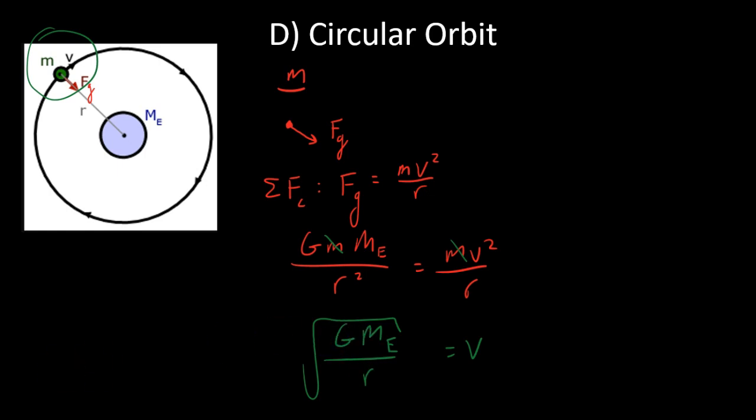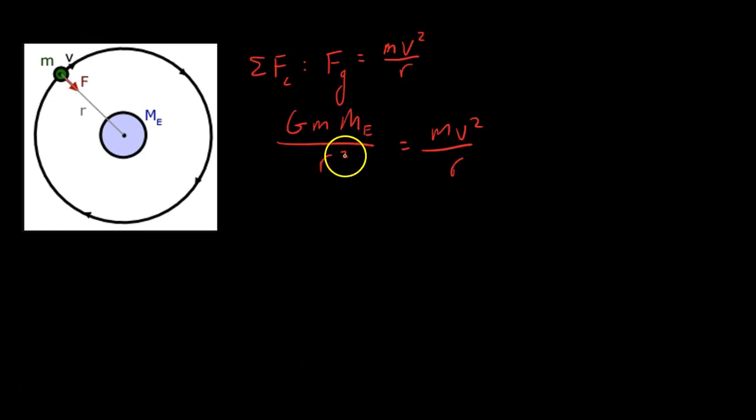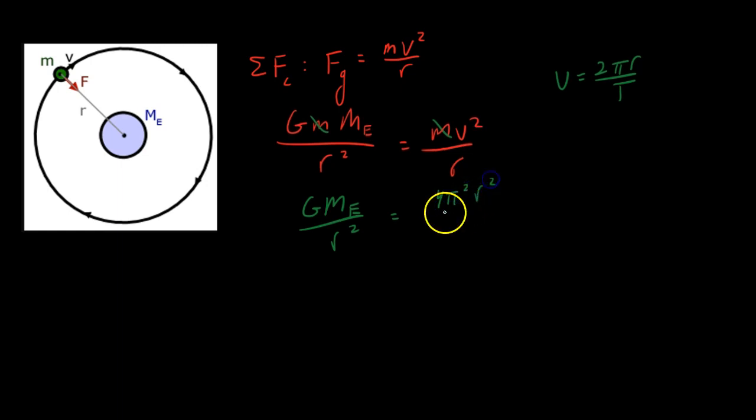The other thing to notice on this slide right here, I've reset, I have my equation right here. Of course, we said the masses cancel out. Okay, I also know that v is equal to 2 pi r over T, if we're assuming these things are traveling in circular orbits. If I rewrite this, I have G M_E over r squared equals 4 pi squared r squared over T squared, divided by r.